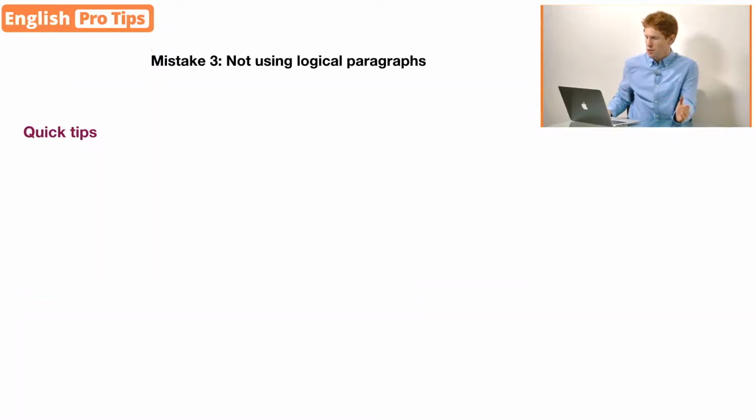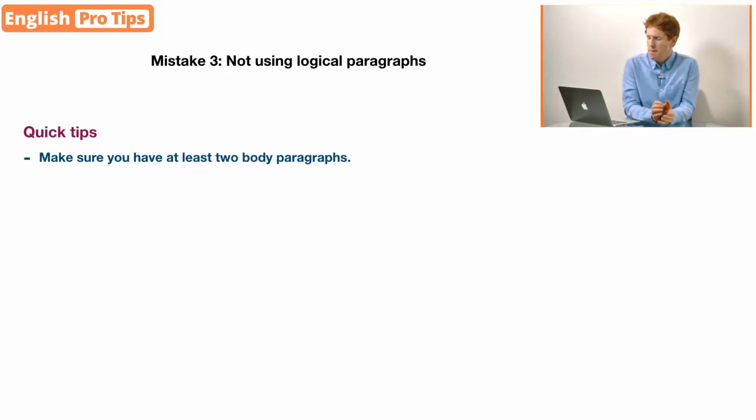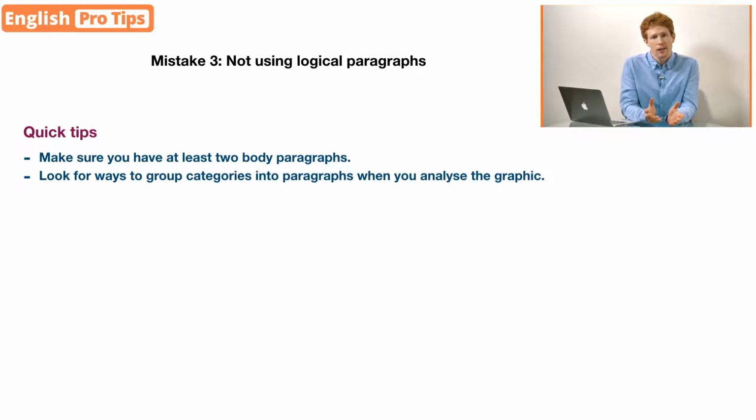Okay, so some quick tips. Make sure you have at least 2 body paragraphs in your answer. It's fine to have 3 or 4 body paragraphs if that is logical, but you should have at least 2 body paragraphs. When you're analysing the graphic, look for ways to group categories into paragraphs.